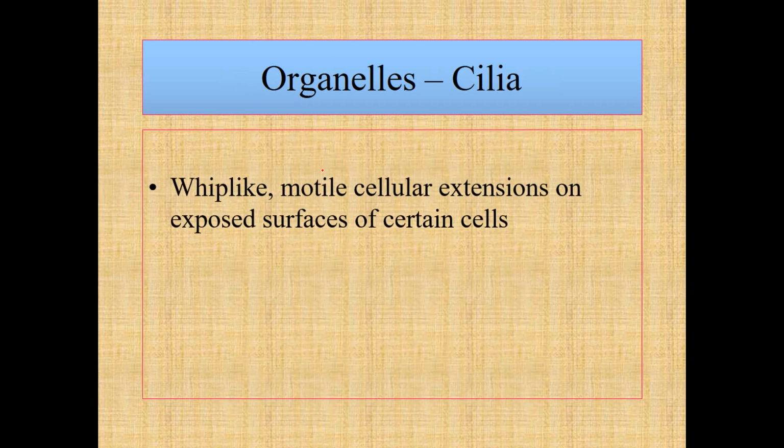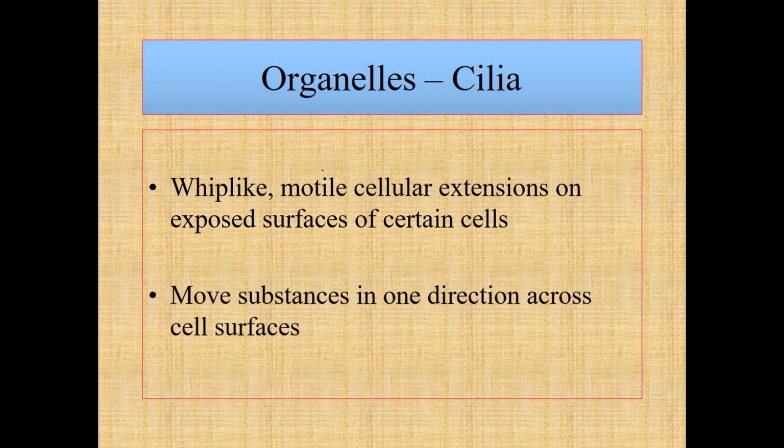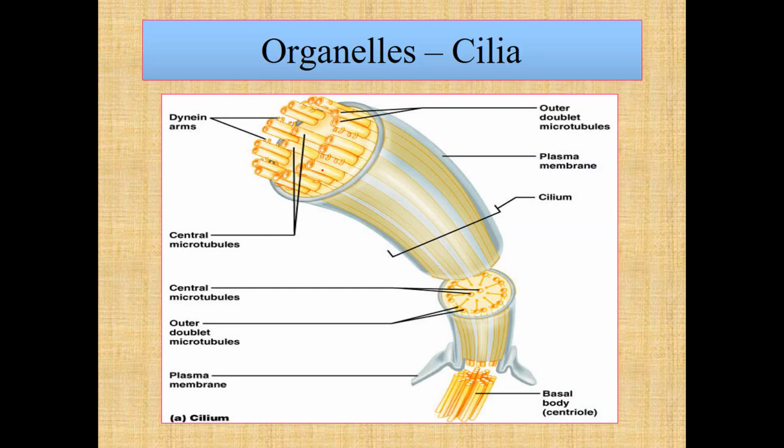Next up is the cilia. These cilia are cytoplasmic or cellular extensions, and we see them on the surface of certain cells. In unicellular organisms, such as a paramecium, that's how they move. And in us, we see them in the trachea. What they do is help move substances in one direction across cell surfaces. And they too are made up of microtubules.